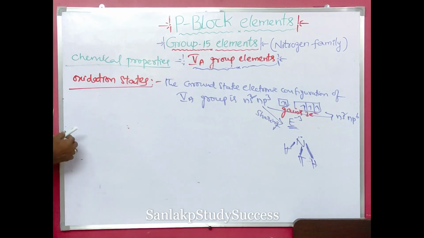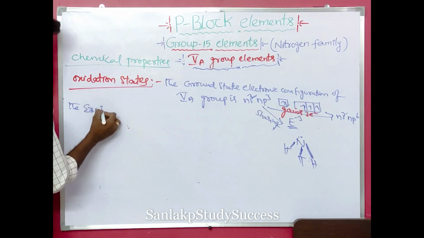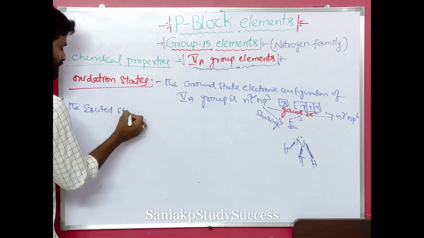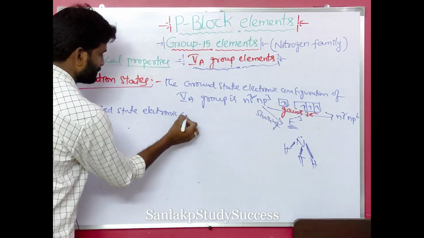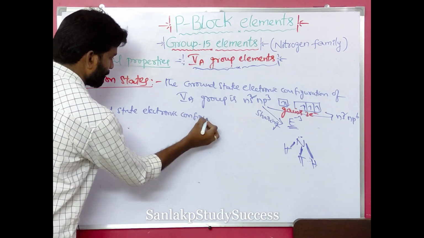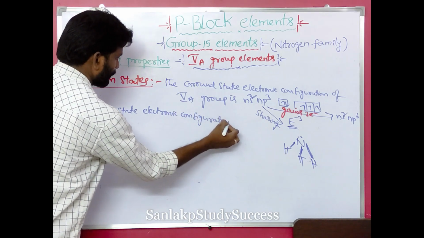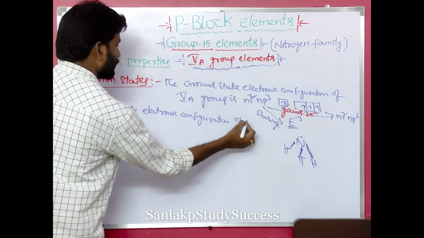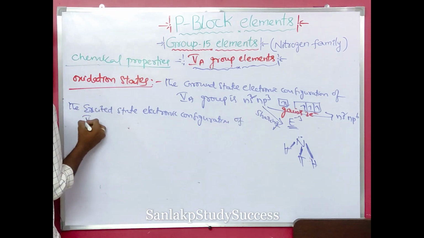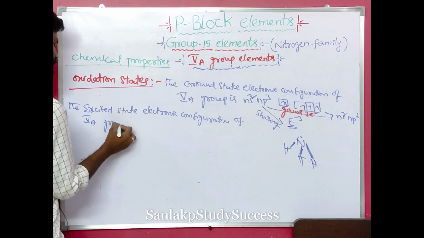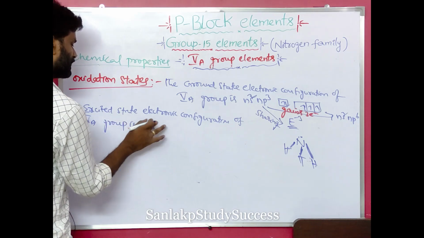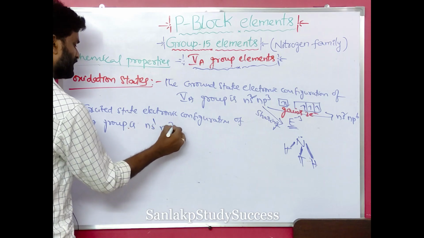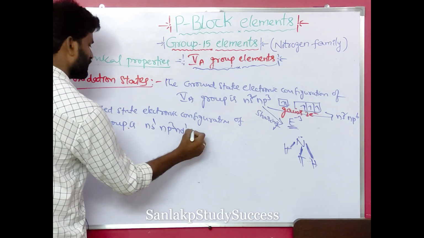Now, the excited state electronic configuration of group 15 is ns1 np3 nd1.